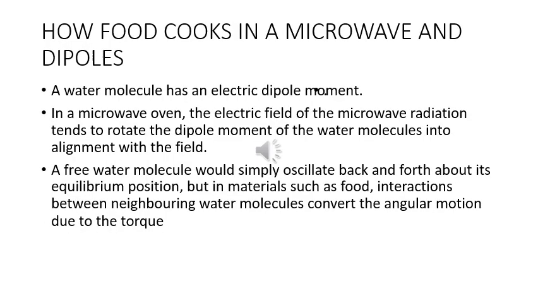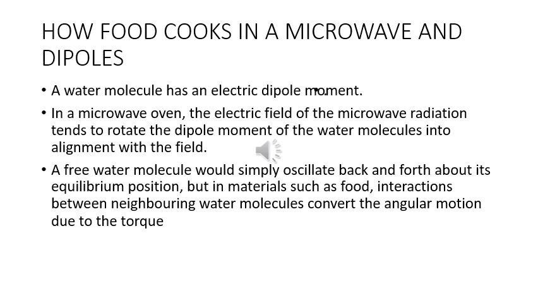We are now in a position to understand how food cooks in a microwave and dipoles. A water molecule has an electric dipole moment. In a microwave oven, the electric field of the microwave radiation tends to rotate the dipole moment of the water molecules into an alignment with the field. A free water molecule would simply oscillate back and forth about its equilibrium position.